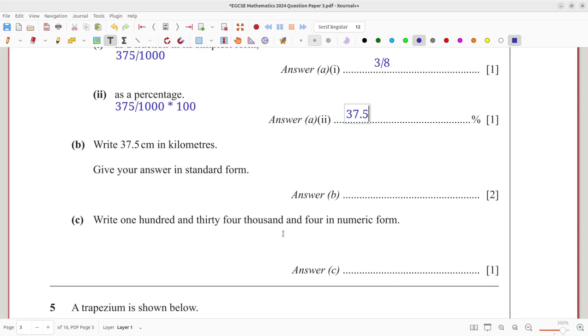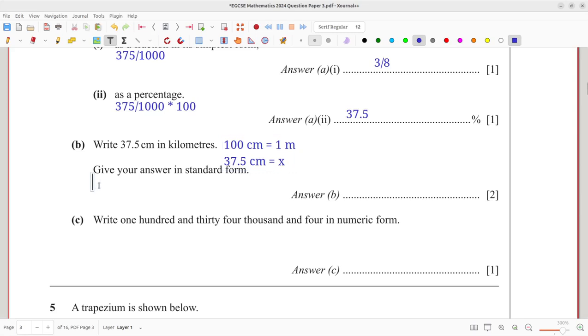Write 37.5 centimeters in kilometers. Let's try. What do we know? We know that 100 centimeters is going to give you 1 meter. So let's convert that, 37.5 centimeters to x. Then do the cross multiplication there.